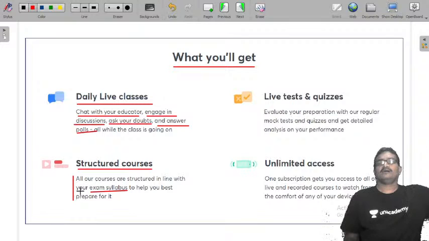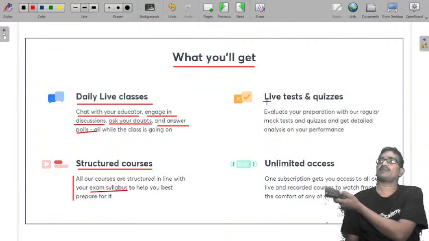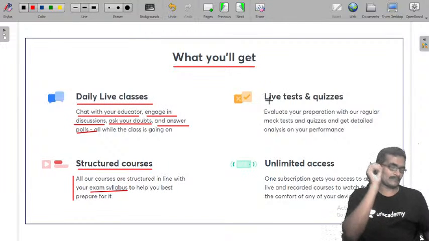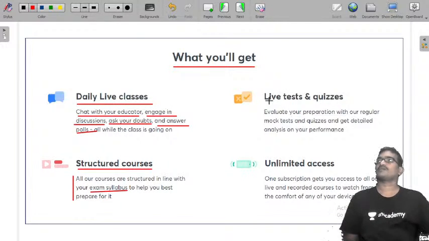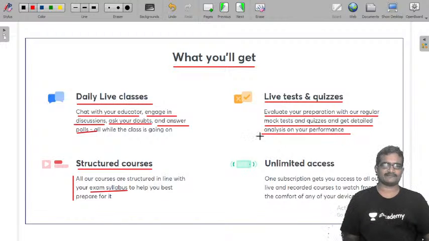And after that, live tests and quizzes. In that you can evaluate your preparation with our regular mock tests and quizzes and get detailed analysis on your performance.